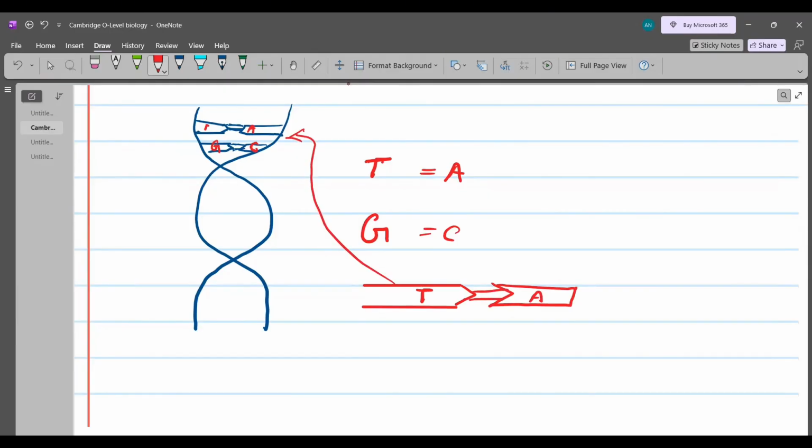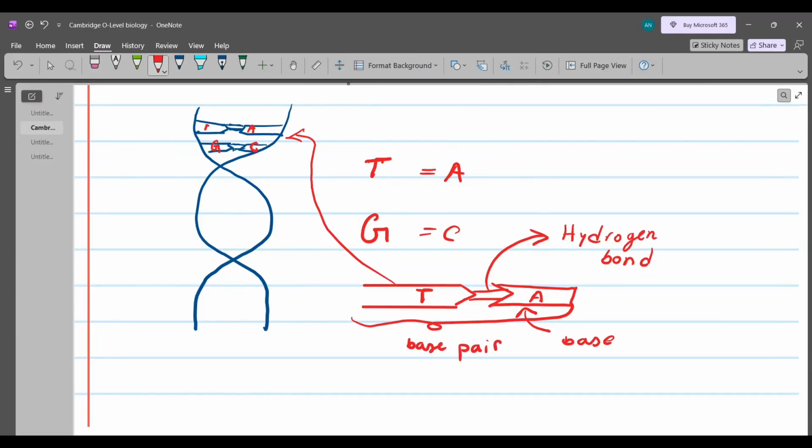They are connected with this bond, which is known as a hydrogen bond. This is our base, and this whole thing here is our base pair.